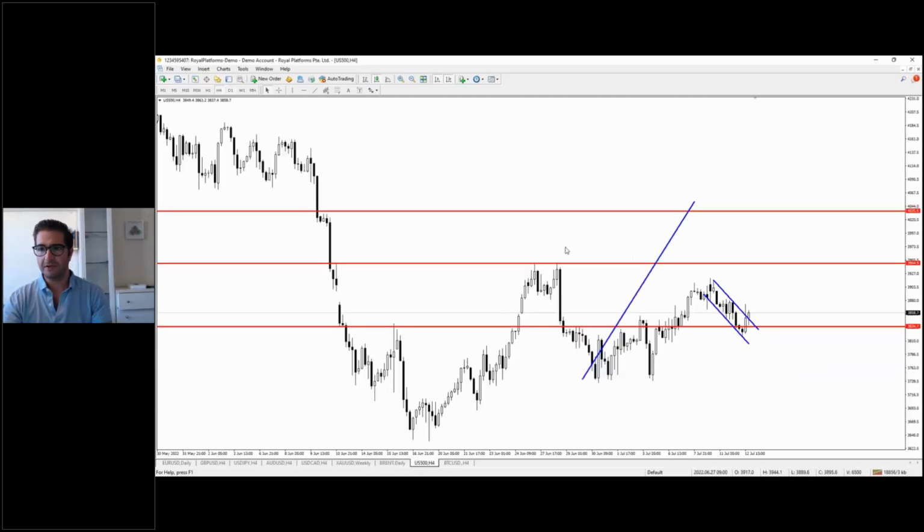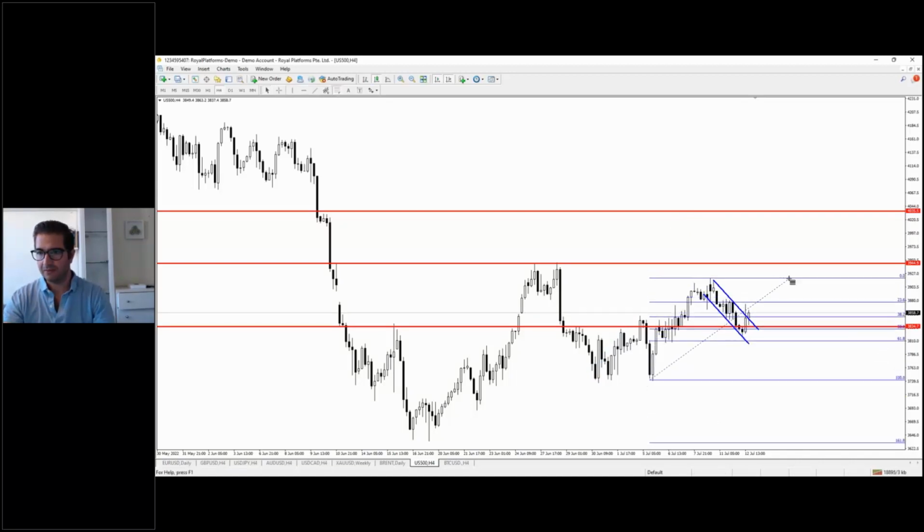US 500. The US 500 succeeded to break this bearish flag to the upside.